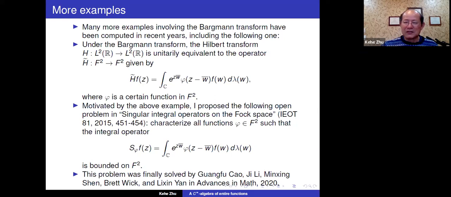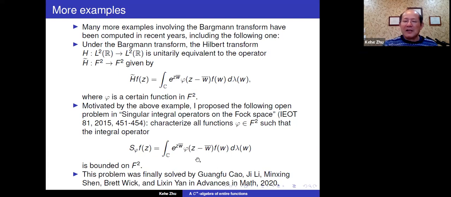There's an integral transform, and they tell you exactly what kind of phi you can construct from the Fock space. Again, they come from L infinity of the real line, and such that this operator will be bounded. So it's a beautiful result, and it tells you everything about this kind of integral operators.